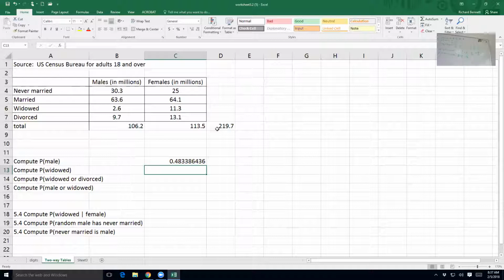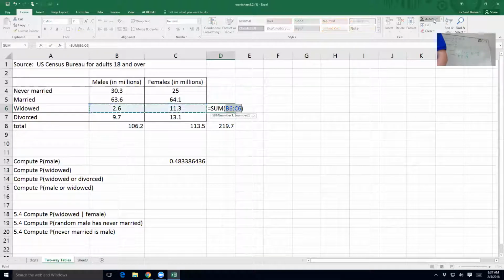What would be the probability that someone would be widowed? It must be, whose turn? How about Jonathan? The widowed. We'd have to get this row total here, right? In fact, should we just do them all while we're at it? Let's do them all, because we'll probably need them.